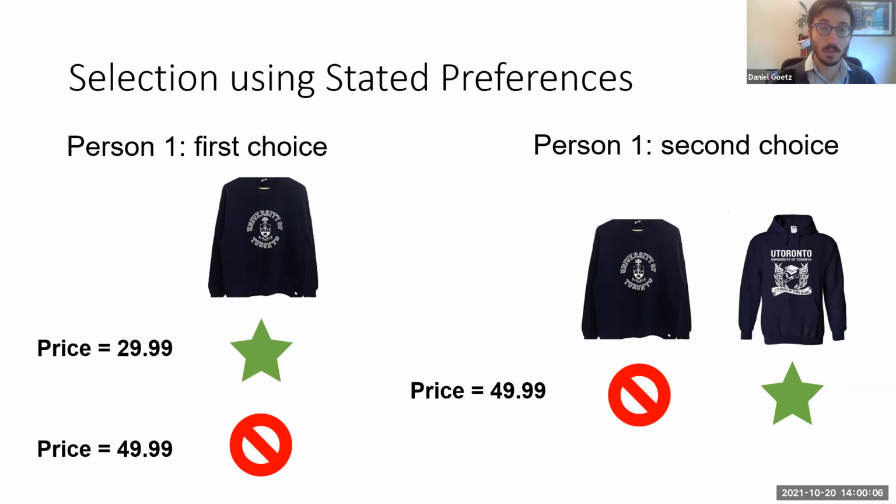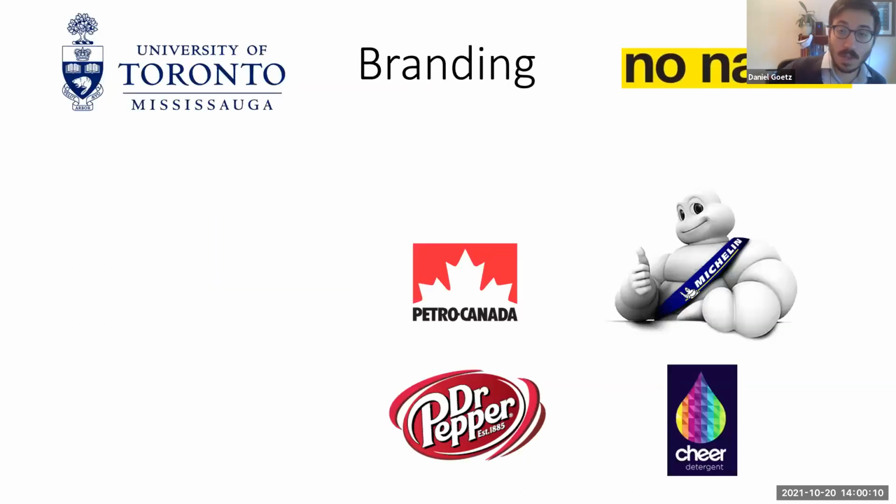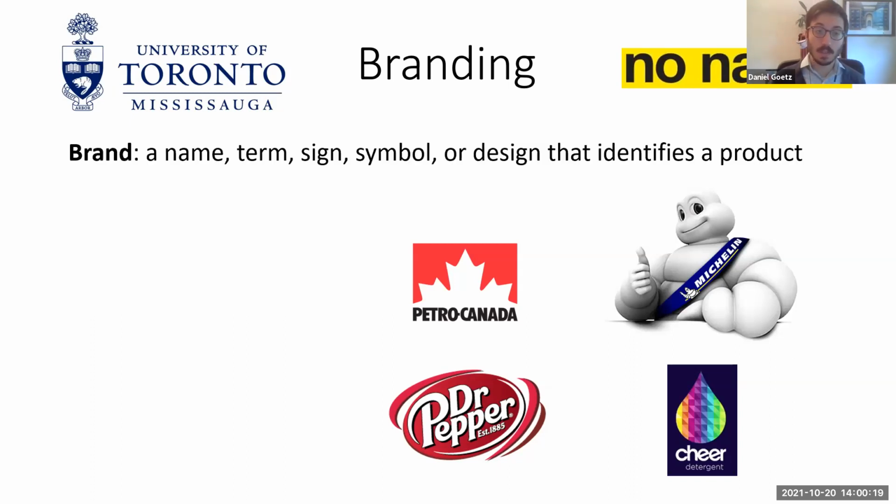All right, so we'll continue on, getting into the second part of the lecture, which is on branding. Branding, we see it everywhere, but what is it? A brand is a name, a term, a sign, a symbol, or a design that identifies a product.